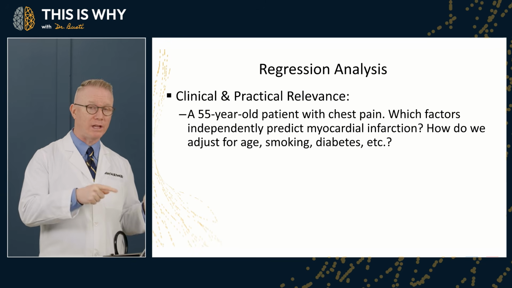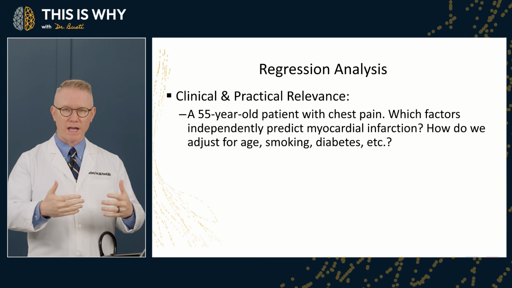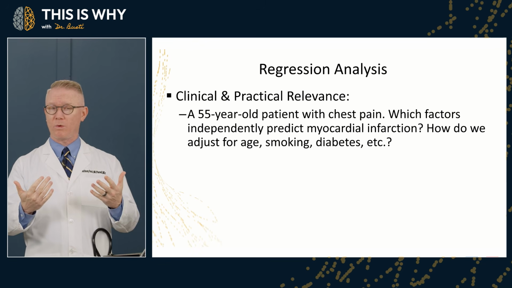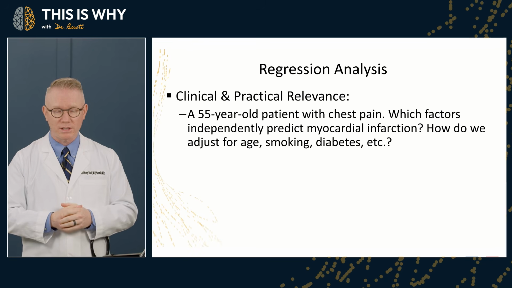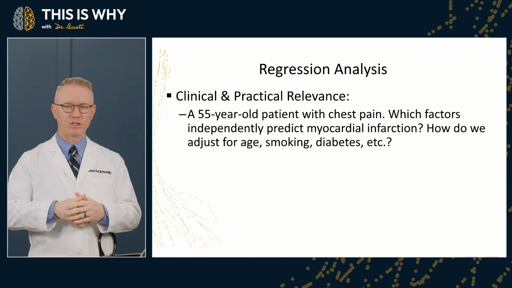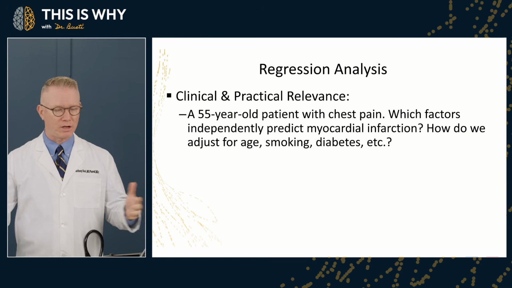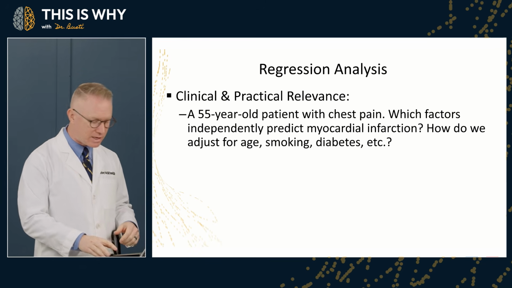And how do we adjust if we're going to look at other variables? How do we adjust for things that we know can influence and are associated with that outcome? Things like age, smoking, diabetes, and the list goes on, right? You can do BMIs, waist circumference, things like that.